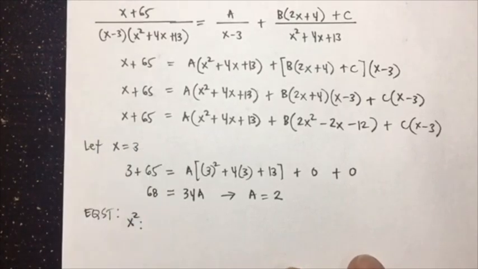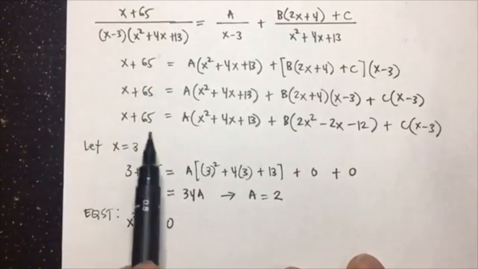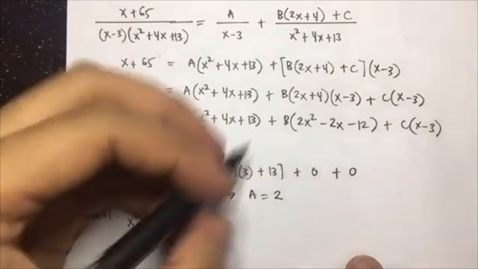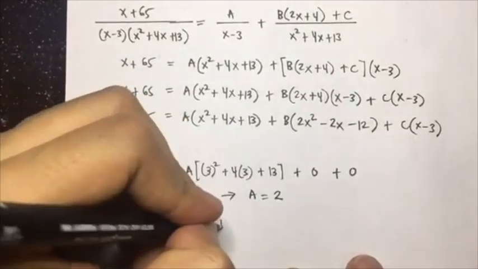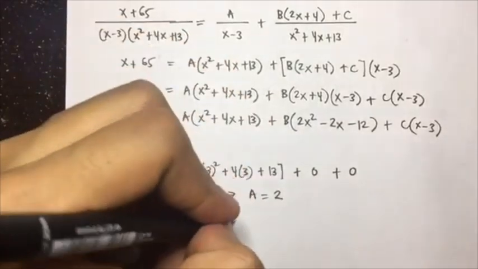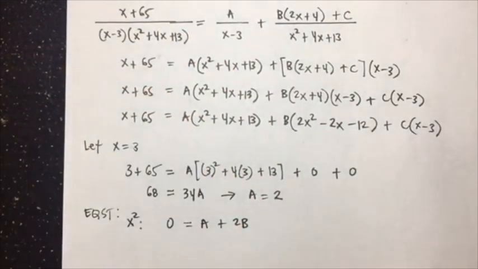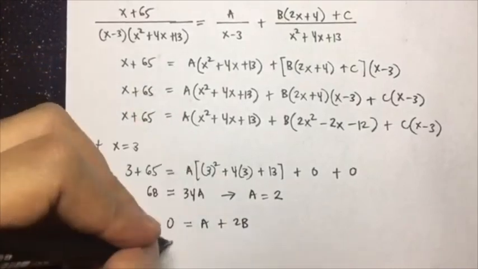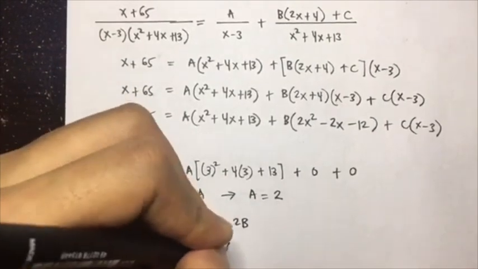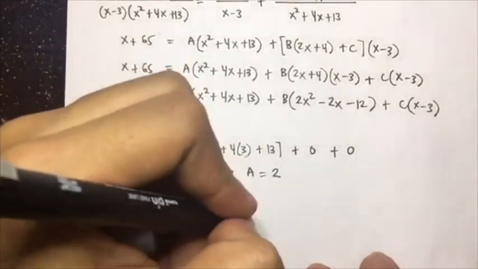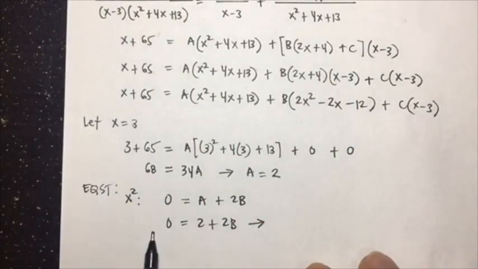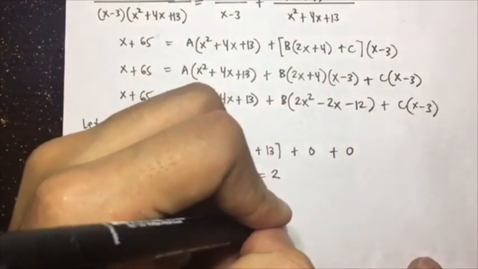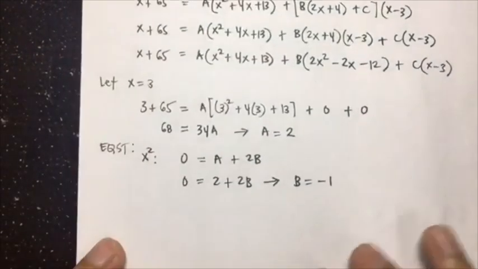On the left side, it's 0, which is equal to the coefficient of x squared. We have here on the right side a plus 2b. Since a is equal to 2, we will have 0 is equal to 2 plus 2b. Solving for b, if we transpose 2 it will become negative 2, dividing both sides by negative 2, so b is equal to negative 1.